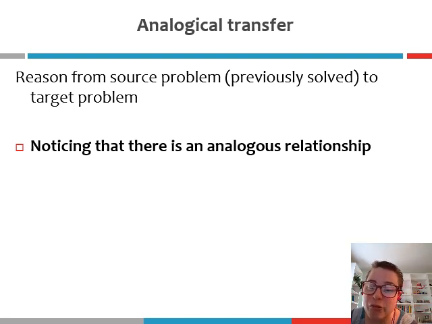The solution is very, very similar, but the objects that you're thinking about are very, very different. Subsequent research has shown that the best analogical transfer happens when the objects or the physical features of the source and target problems are similar to each other.